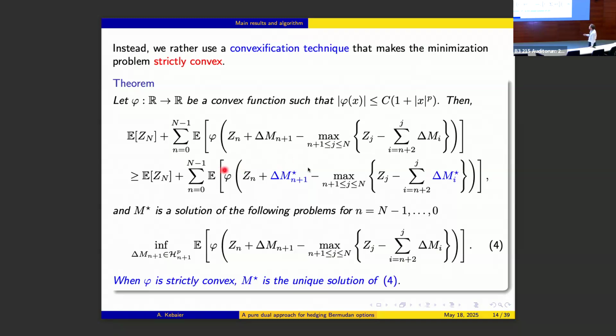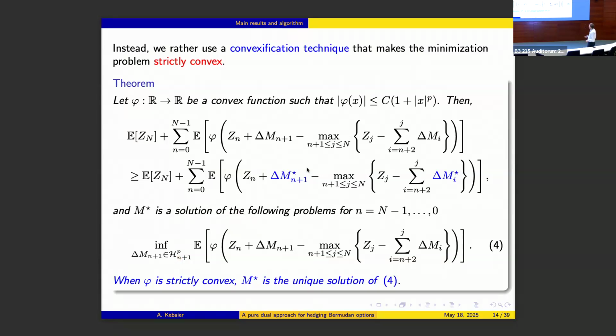It says the following. Consider a convex function phi that has polynomial growth. Then what you can prove is that this expectation, plus the correcting sums we showed you before, is always larger than the same quantity replacing M with the optimal martingale. It means that the optimal martingale is minimizing this.